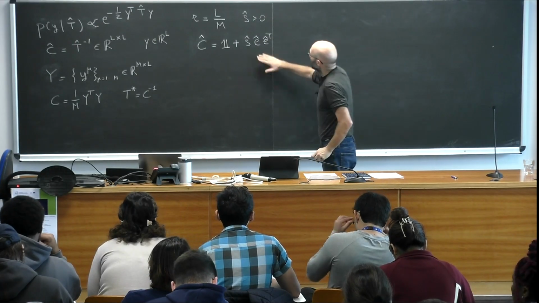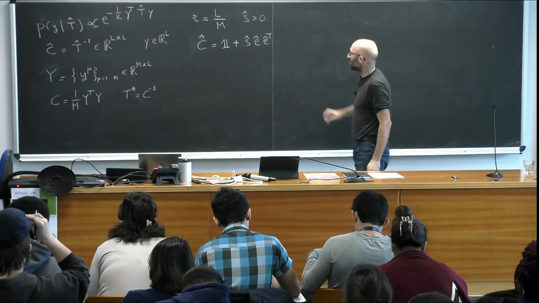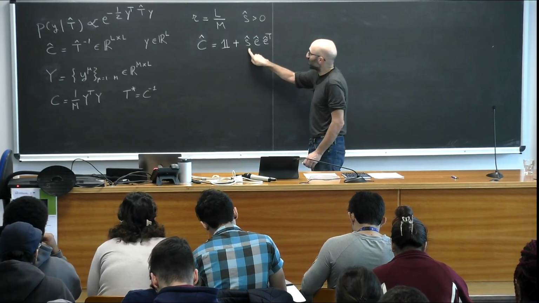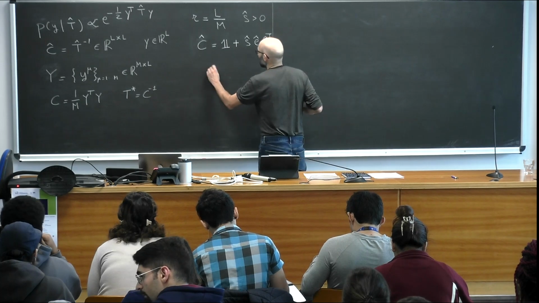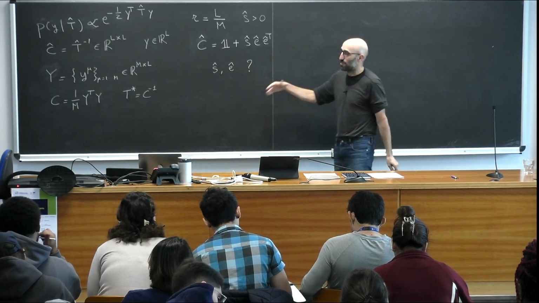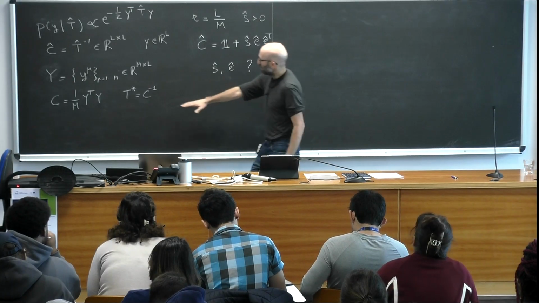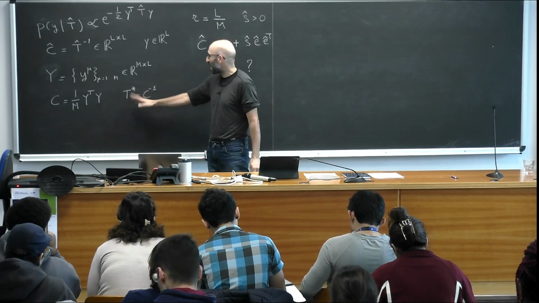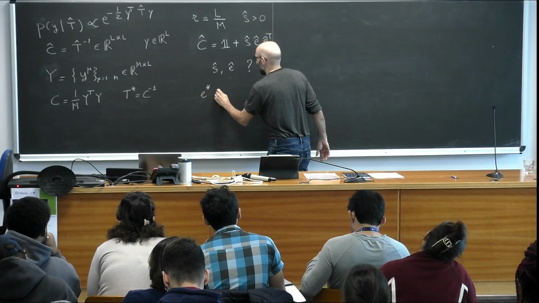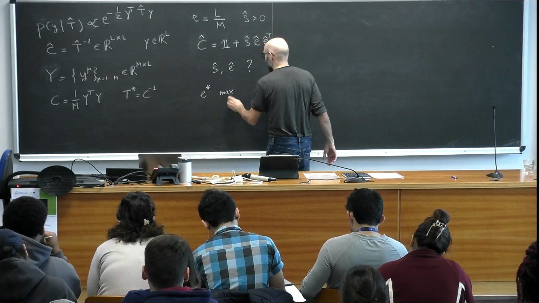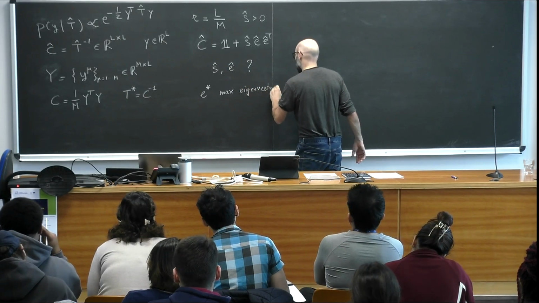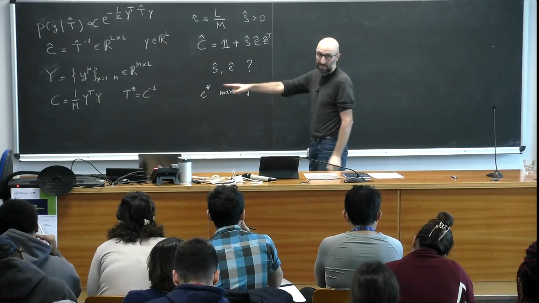Then we discussed this case, and we want to estimate S hat and E hat. We found that the maximum likelihood estimator in this case is the following: your E star is the maximum eigenvector of C, where C is the empirical correlation.